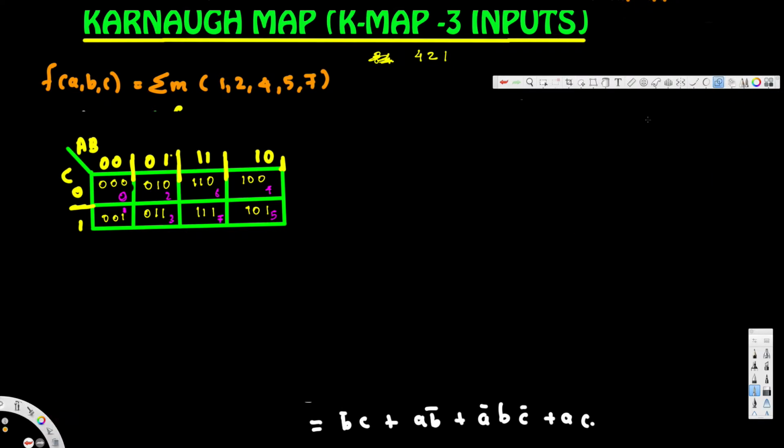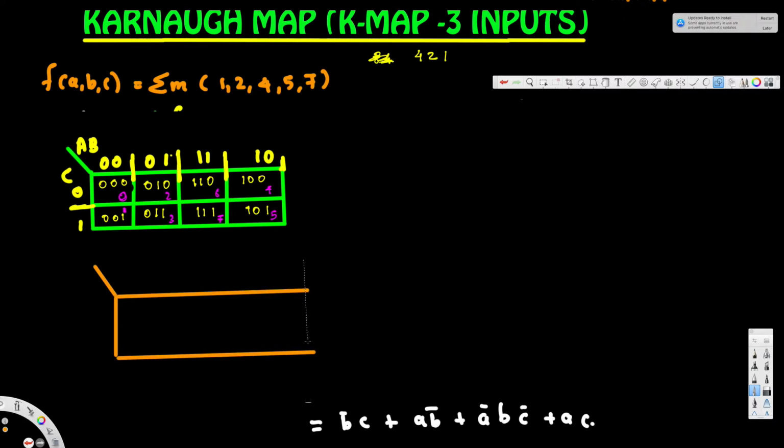Okay, let's draw our K-map. So here we are going to have 8 boxes again.